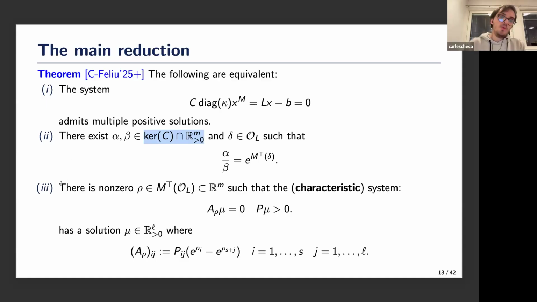But especially the characterization we are interested in is this characterization 3, which says the following. Now, there is a certain row, which is a vector in R to the M. Remember, M is the number of parameters, so the number of columns of the matrix C, which lies in the image of this union of orthants that we considered before.